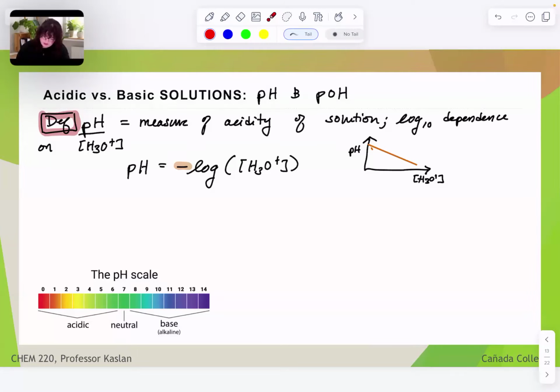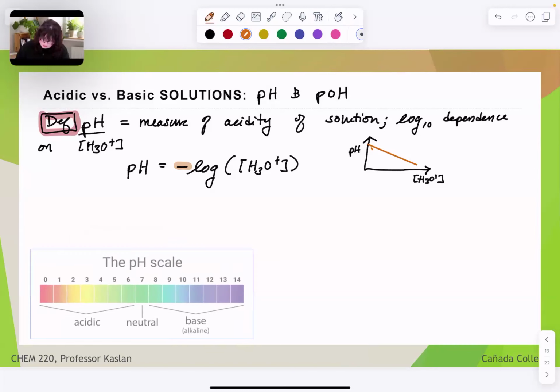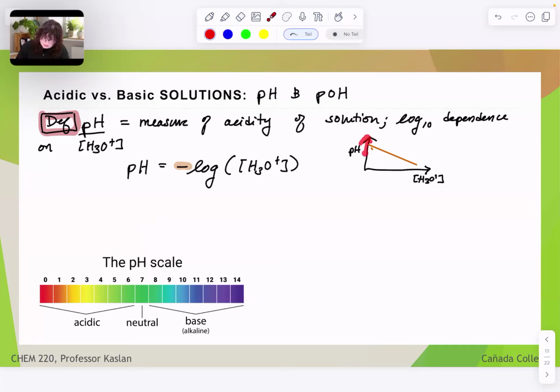So if we were to look at the pH scale, it is a way of showing whether the solution is overall acidic or overall basic or alkaline. Because we see here in our little plot that as we have low concentrations of acid, our pH is higher. And as our concentration of acid increases, the pH drops.